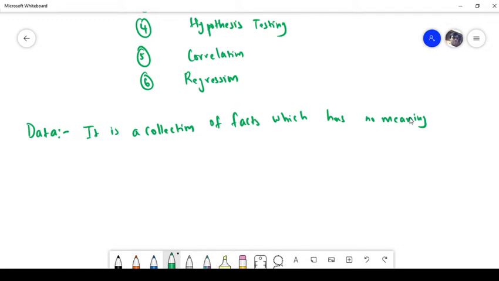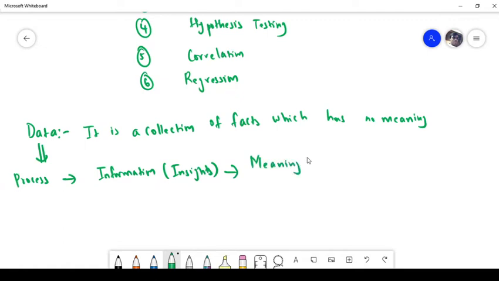Because whenever we collect the data it may have data quality issues, like missing values, outliers, etc. But in order to make it meaningful, we first have to process the data. Once after processing the data, we get information out of it, which we also call insights in data science language, which is completely meaningful.